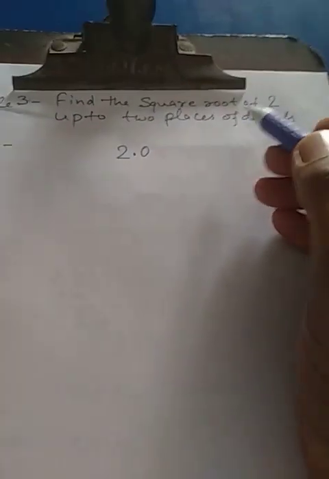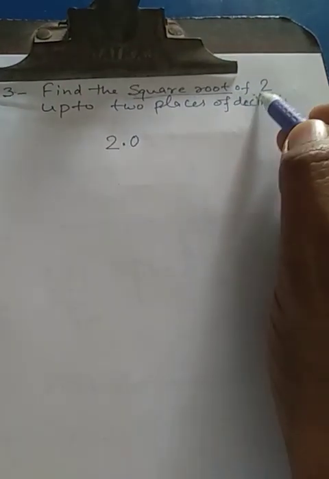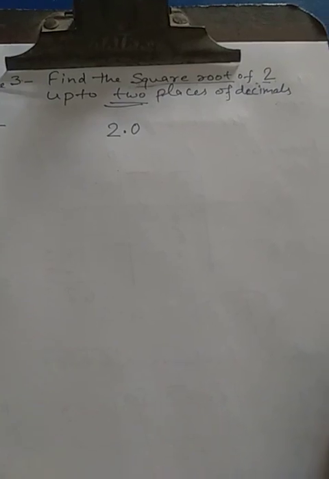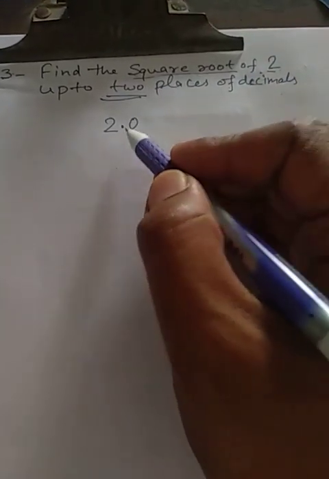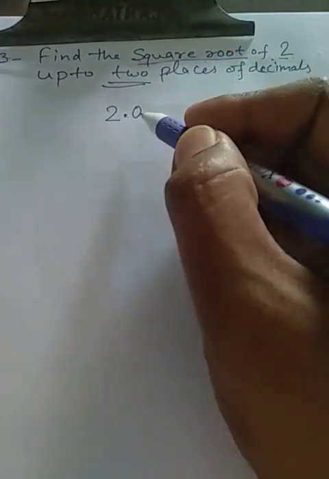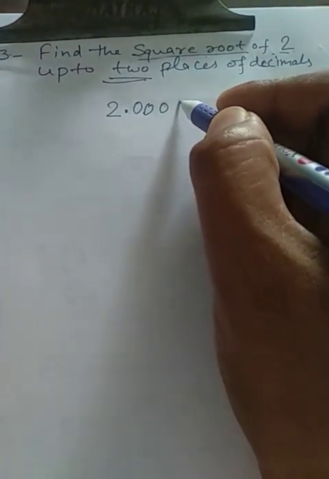We have to find the square root of 2 up to 2 places of decimal. So students, if we have to find the square root of 2 up to 2 places of decimal, the number of zeros after the decimal, on the right side, must be 4.